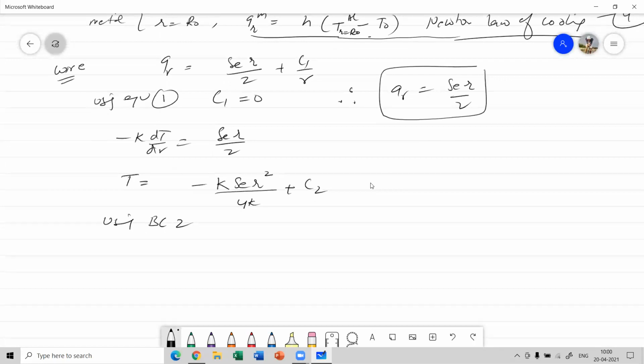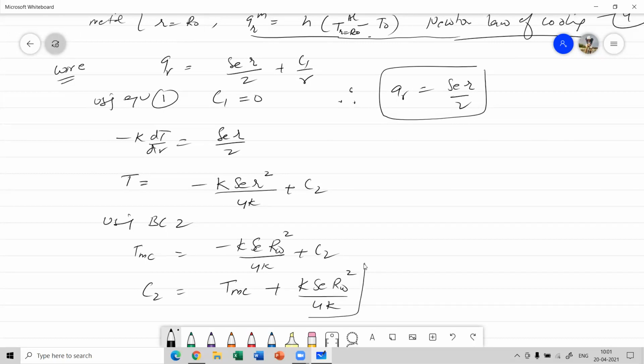So using boundary condition 2, we can say that Tmc is equal to minus Sc Rw square by 4k plus C2. So from here C2 comes out to be Tmc plus Sc Rw square by 4k. Now we substitute back this value of C2.